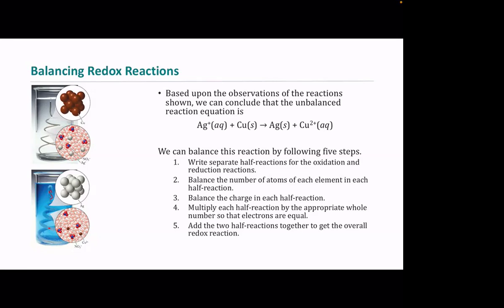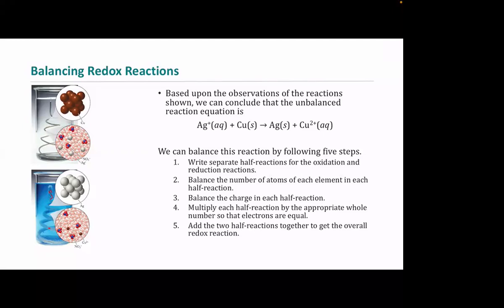Why doesn't copper 1 form here and copper 2 forms? Note to myself, I'm going to look that up. Anyway, for this particular reaction, the electrons are not balanced, so we can balance these by following these 5 steps.